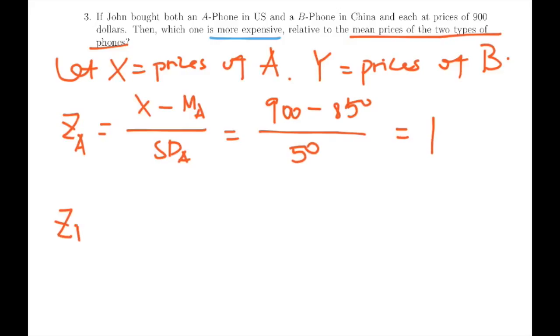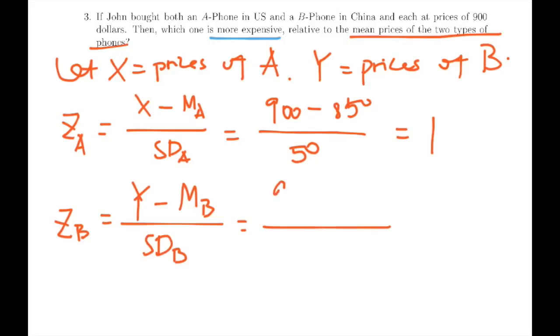And the z-score for the B phone is given by the price of the B phone, that is y, minus the mean of the B phone, which is m sub B, and then divided by the standard deviation of the B phone. If we plug in the numbers here, y again is equal to $900, minus 700, divided by 100, which is equal to 2.